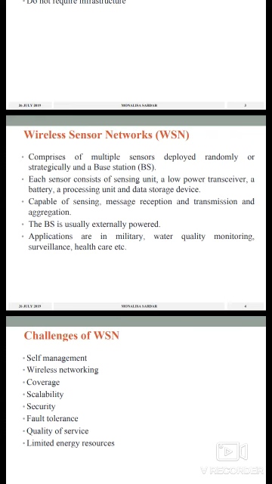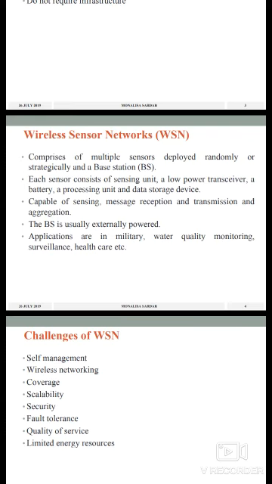They also have a low power transceiver, and this transceiver is used to either send the data that they have sensed, or to collect the data that some other sensor is sending. And they also have a battery, because they don't have any infrastructure, so they are not connected to any power supply. Hence it is very essential that they have a battery, and once the battery dries out, these sensors are basically useless.